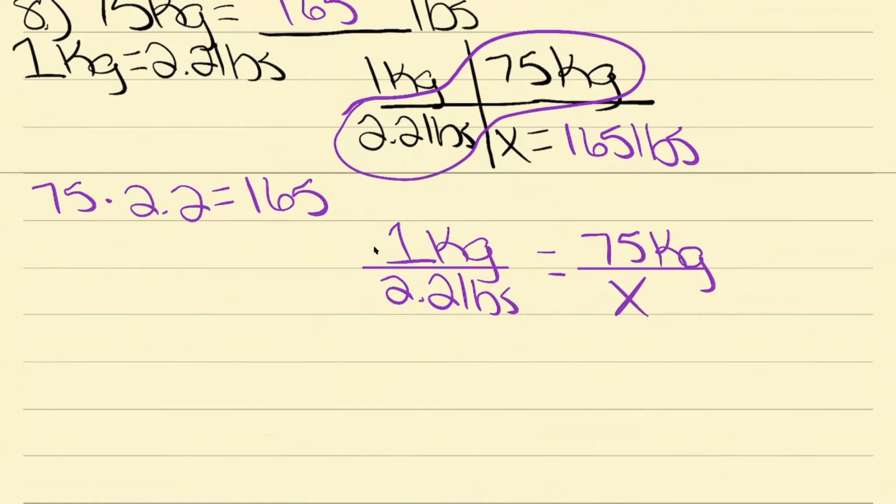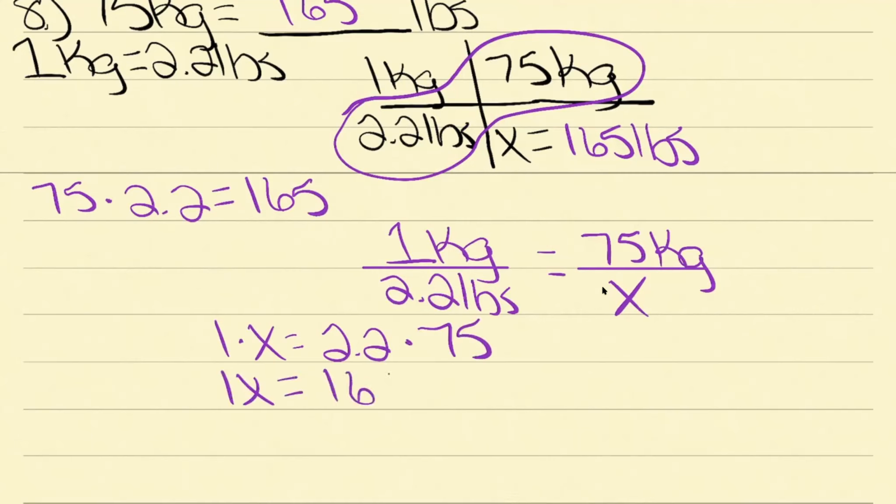You're still going to cross multiply. But this way is the way that I was doing it, where you did it like this: 1 times x equals 2.2 times 75, and then 1x equals 2.2 times 75, which is 165.